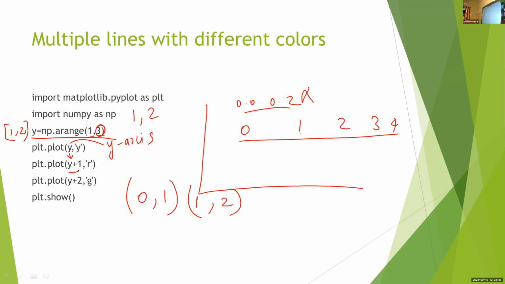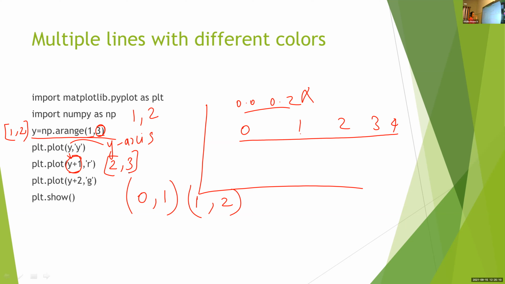Then what are the values of y plus 1? You just add 1 with that. 1 and 2 are the values of y. Then here it is y plus 1. So 1 plus 1 it is 2. 2 plus 1 it is 3.